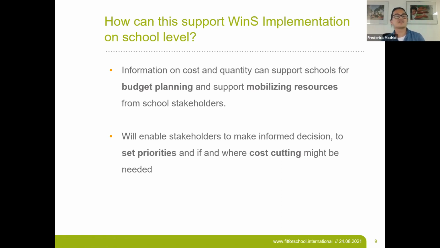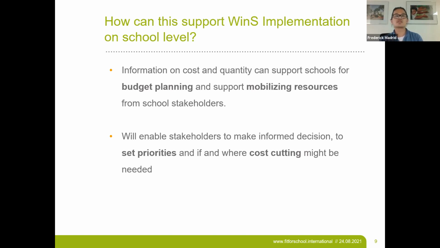Yes. So how can this support WINS implementation? First, let's look at it at the school level. The results at hand can support the school for budget planning purposes, and also be able to mobilize resources from various school stakeholders by having a clear idea on what are the items needed and the quantity needed per item.